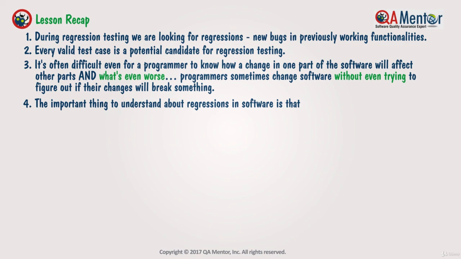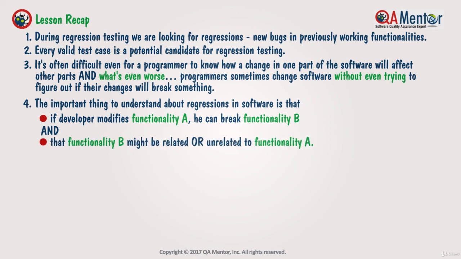The important thing to understand about regressions in software is that if a developer modifies functionality A, he can break functionality B, and that functionality B might be related or unrelated to functionality A.